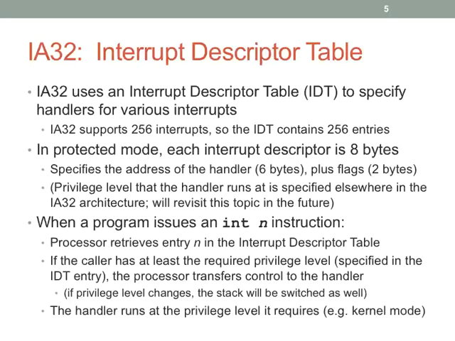So the interrupt descriptor table has larger entries. But they're all the same size, and so when you say int n, the processor does a very simple computation, like shifts it left by 2 bits, 3 bits, some number of bits. And then it looks up the entry in the interrupt descriptor table and does a simple check. If the caller's at some protection level, then it transfers to the interrupt handler.